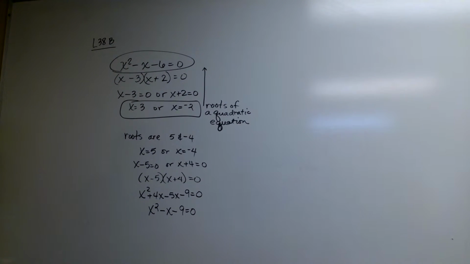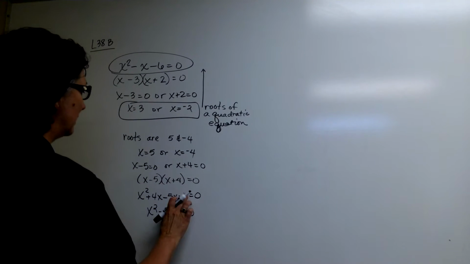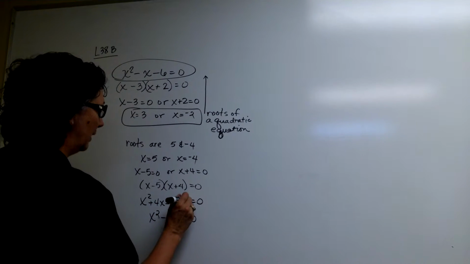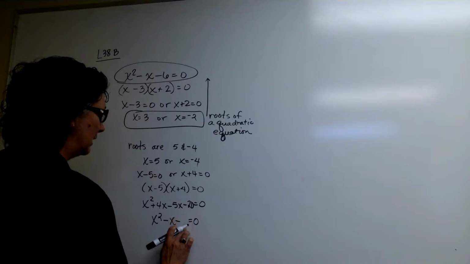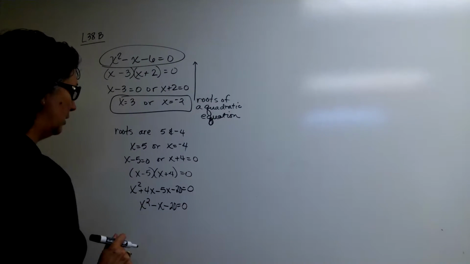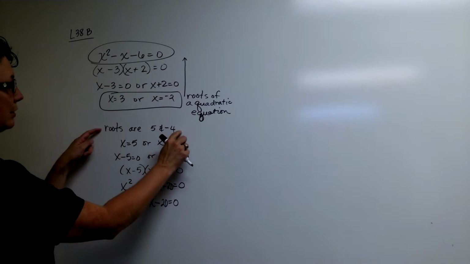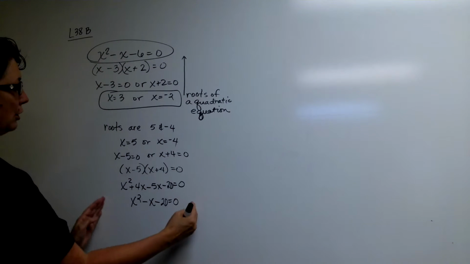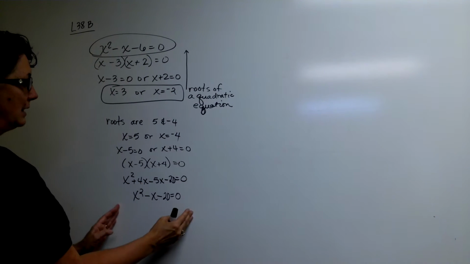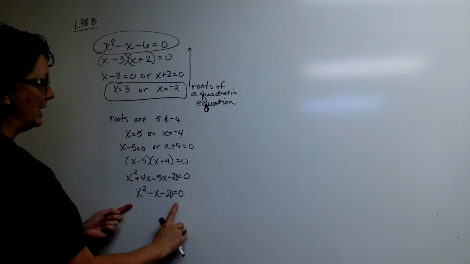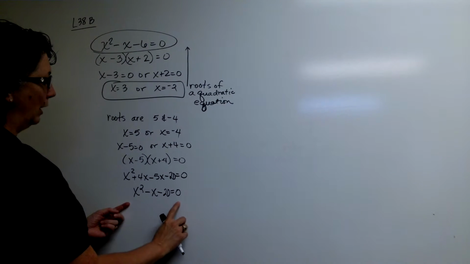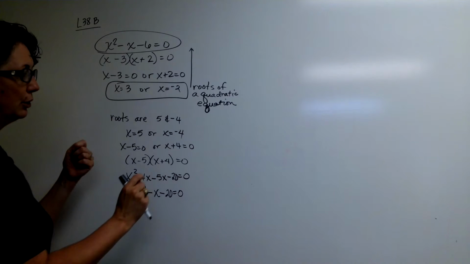That's supposed to be a -20. Yes, it is, not 9. Excuse me, that's supposed to be a -20. Thank you to my assistant. So we were given these roots, and we reversed our process to come up with the quadratic equation that has those roots.